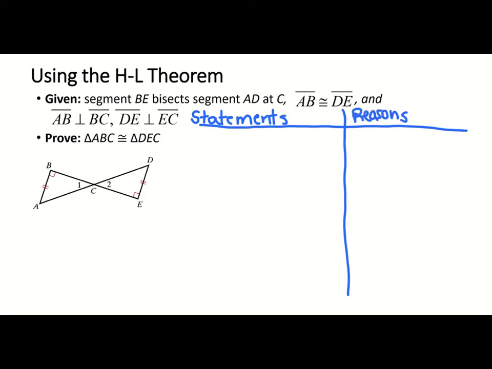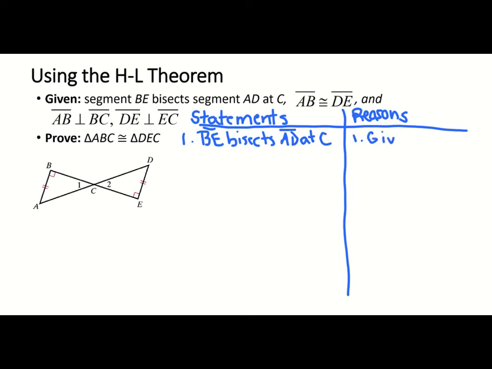All right. Let's see here. We're going to start off with our first statement, and it is segment BE bisects AD at C.